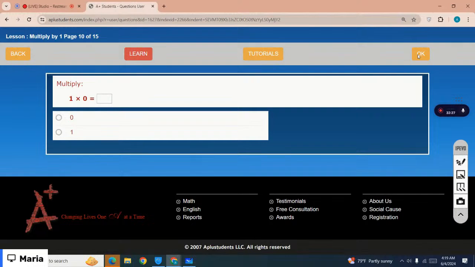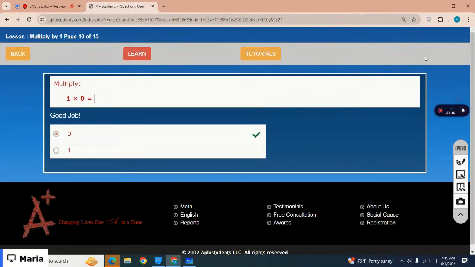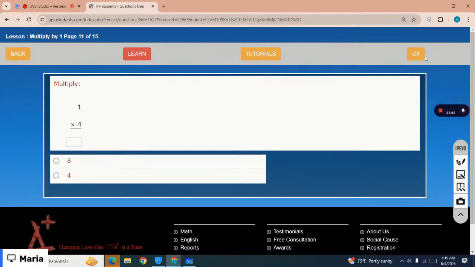One times 0 is 0. Any number multiplied by 0 is always a 0. One times 4 is, yes, 4.